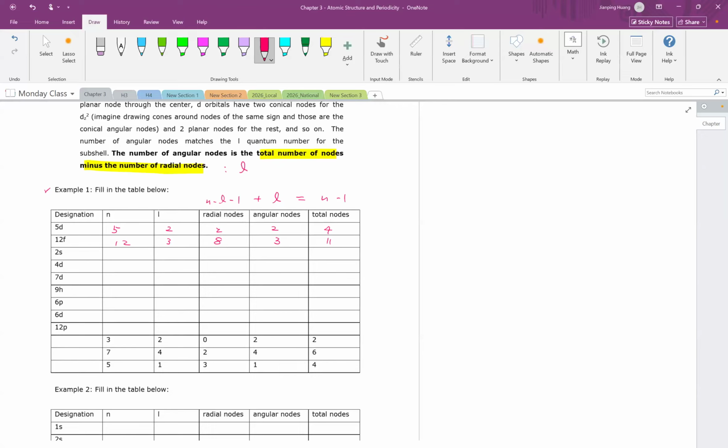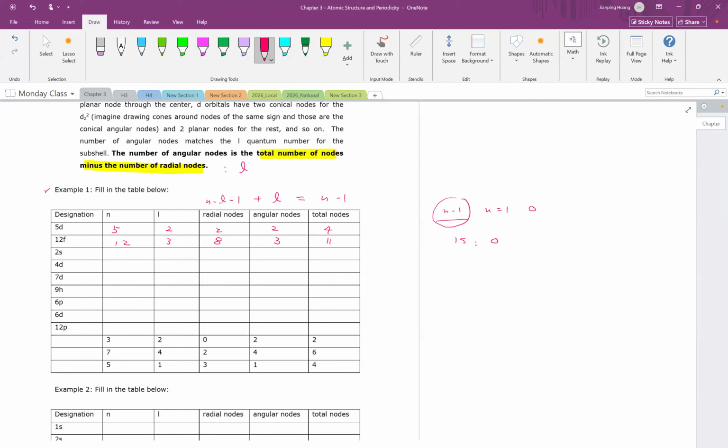Now, the nodes equal n minus 1. At least n equal 1, right? The nodes for some orbitals are 0, such as 1s. The nodes is 0, not negative. Do the math.